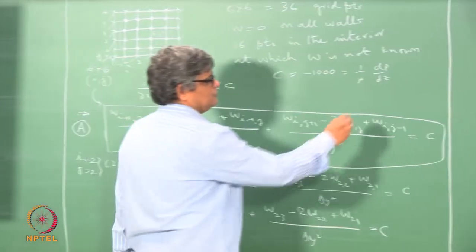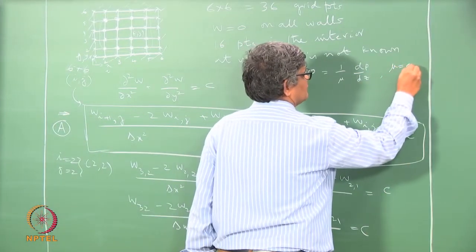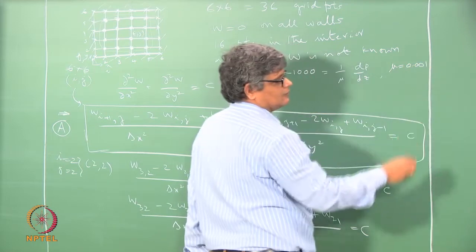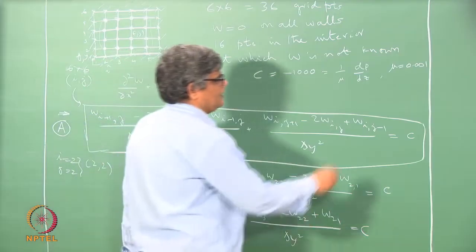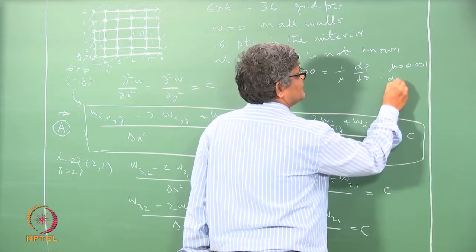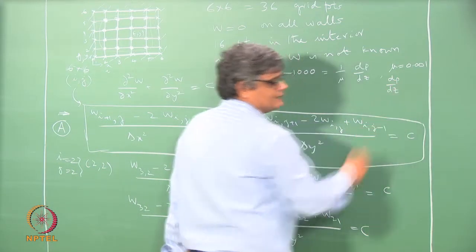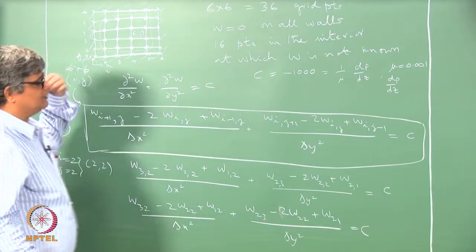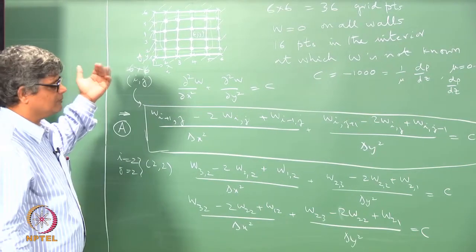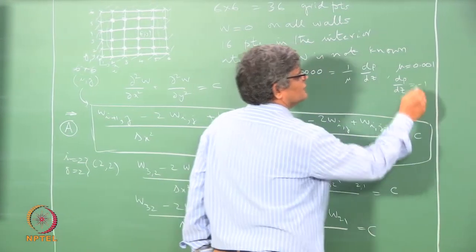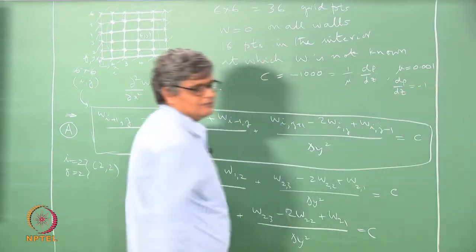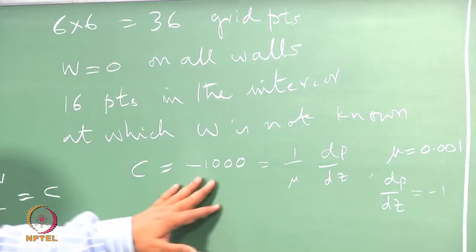If you take mu to be 0.001 Pascal second in SI units for water, and dp by dz is negative for the flow to be positive, for the W to be positive, so we will take dp by dz to be minus 1, and that gives us minus 1 by 0.001. So that is minus 1000.